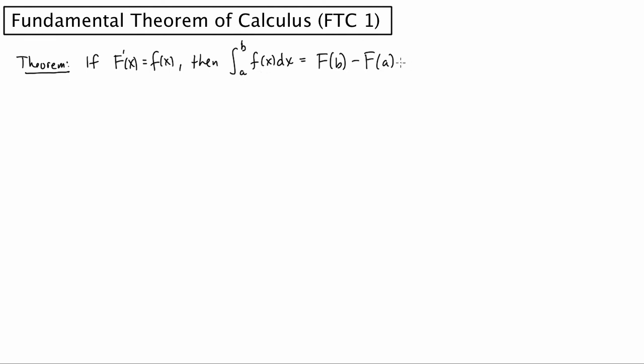This is huge. It gives us a way to calculate the integral, which remember is calculating the area under the curve, without actually having to resort to a Riemann sum.